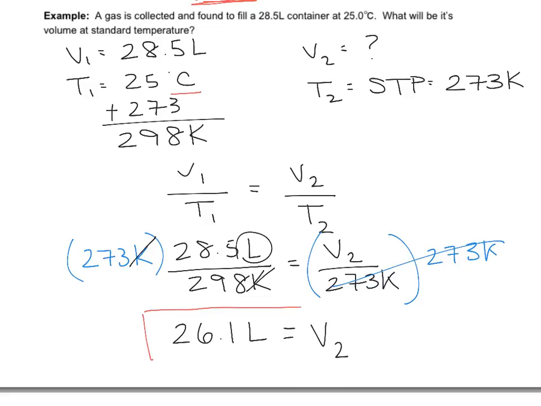If I think about this logically, remember we said that my volume and my temperature are directly proportional, which means that as my temperature decreases, as I see here, going from 298 to 273, I should also see a decrease in the volume, which I did calculate, 28.5 liters going down to 26.1 liters. So all is good with this question.